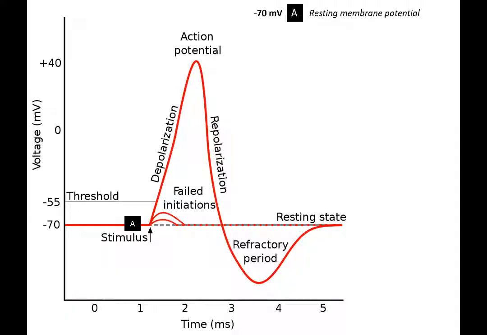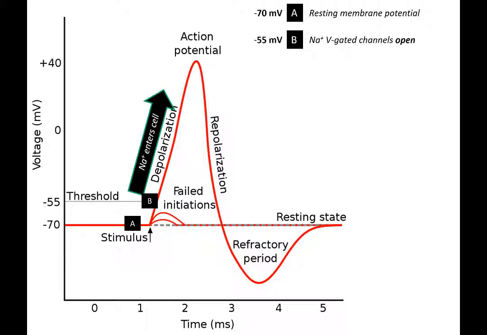So here we go. A, resting membrane potential. So that's minus 70. Minus 55 is our threshold. Sodium voltage gated channels open. We are depolarizing, and we can see sodium is entering the cell. That is C. At 0, we start to close our sodium channels.